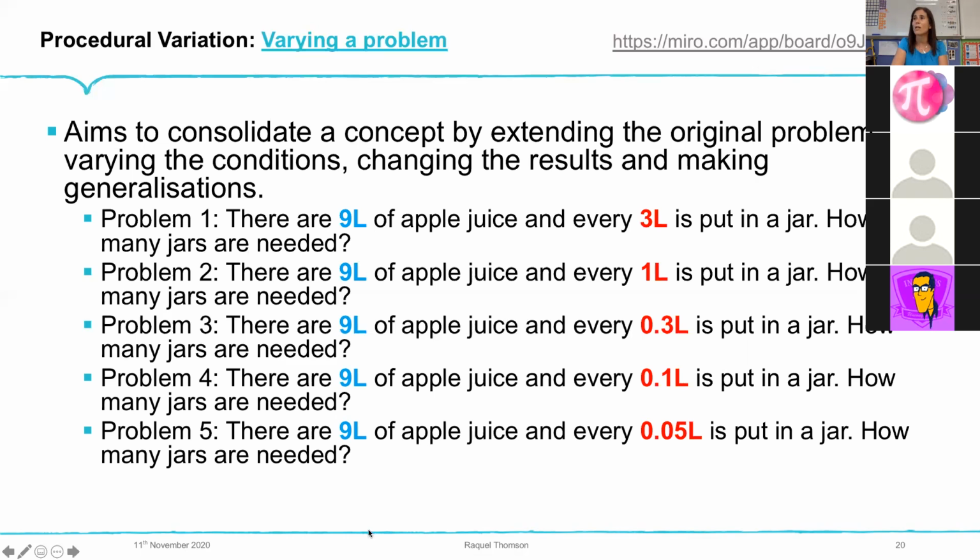If you went straight from 9 liters to 0.05, how many 0.05 liters in 9 liters, or how many jars do I need? It would be completely alien to the majority of the children. But if you take little small steps to get there, it may still be alien to some, but I'm pretty sure that it will reach the majority of them by the end of the lesson.